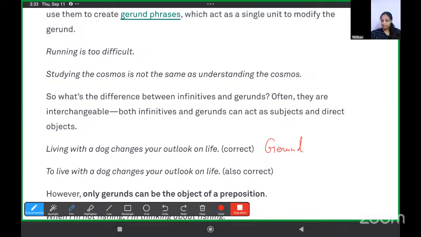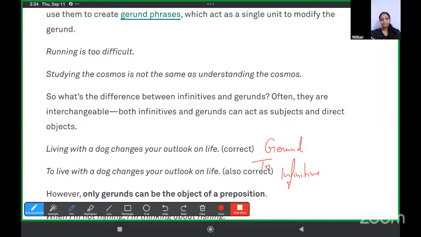This is a gerund and this is an infinitive. Ma'am, that's a to infinitive. I said the difference between bare infinitive and gerund. It is a to infinitive. Yes, Cedric. You tell me what's the difference between a bare infinitive and a gerund?